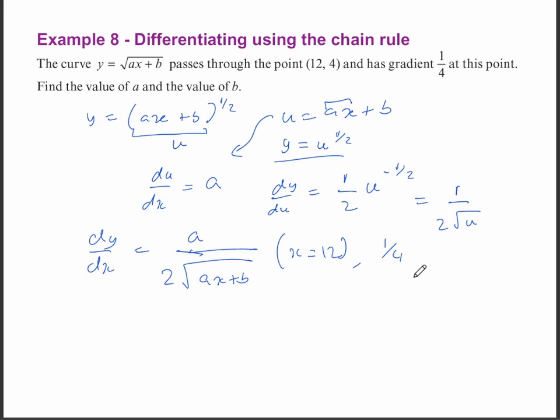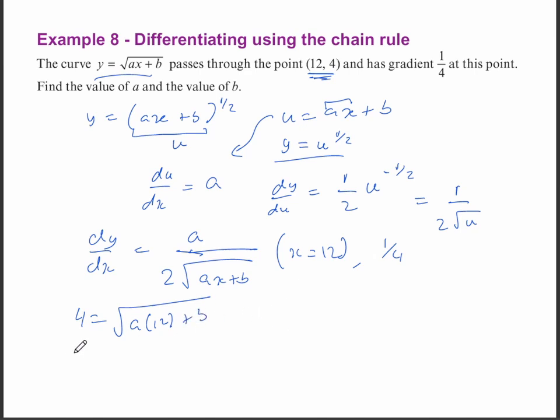But what else do we know is that when x is 12, y is 4. So we can use this equation to satisfy this coordinate right here. So 4 is equal to the square root of a times 12 plus b.